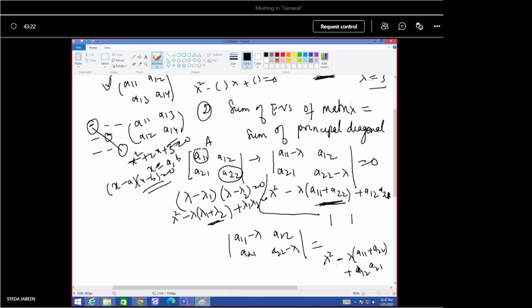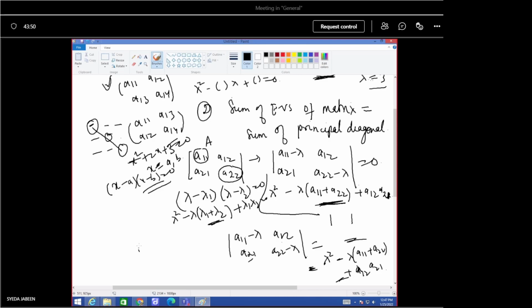What? This is wrong. The last term, ma'am, will be different. Yes, A21 and A11, this one will go. It's fine, and it doesn't matter here. So if you have this sort of thing, the determinant will give you something like this.